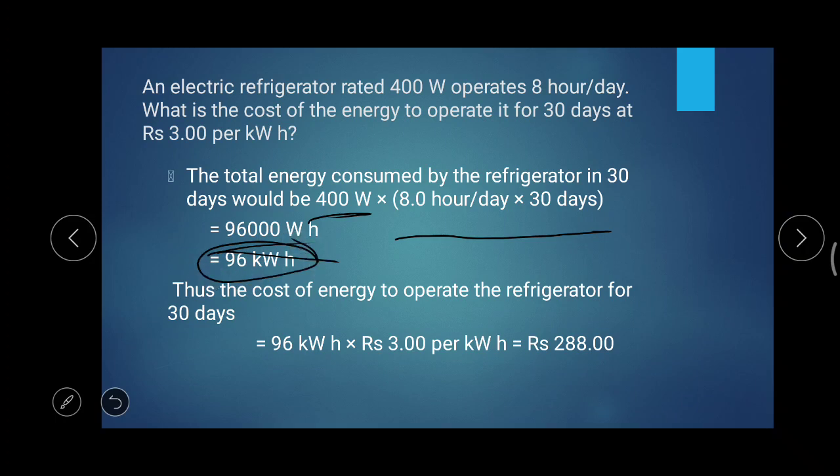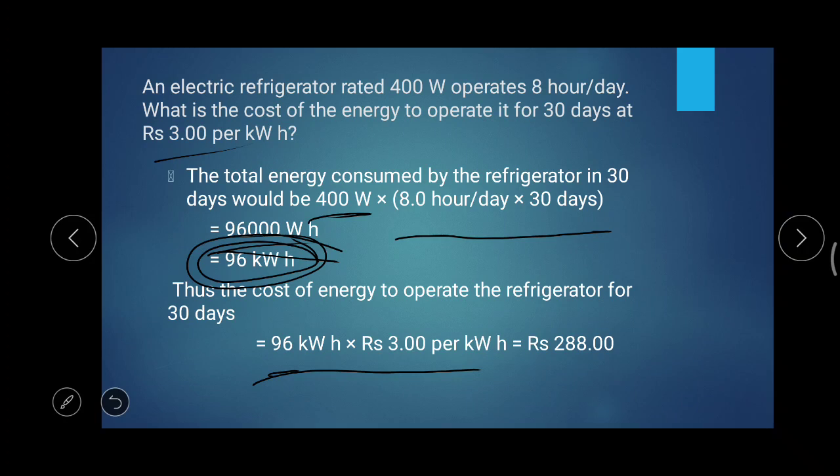For 1 unit, the rate of current is given. That means in kilowatt hour you have to do the further calculation. So from watt hour you have converted into kilowatt hour. So for 1 unit, that means for 1 kilowatt hour, the rate is 3 rupees. So you have to find out the rate for 96 kilowatt hour. So for 96 kilowatt hours it will be 96 kilowatt hour into 3 rupees per kilowatt hour.